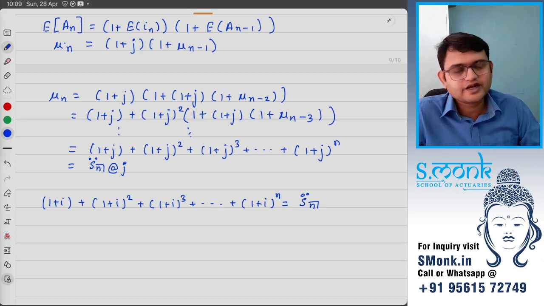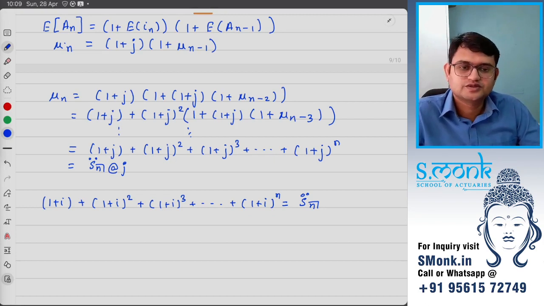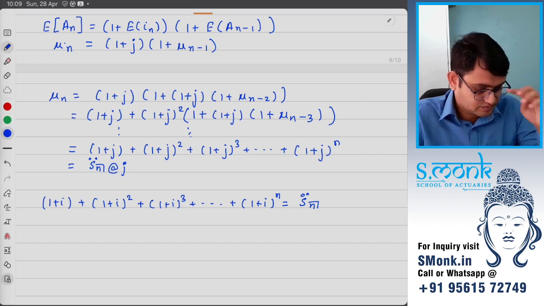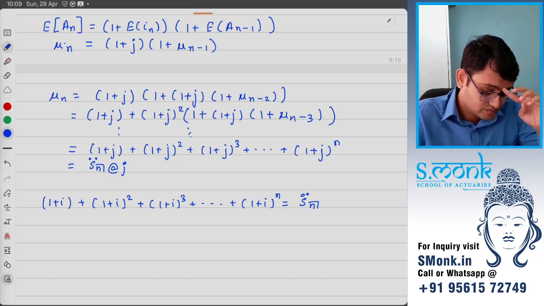So the expected value of annual payments for n years can be written as s-due-n at the rate of j percent.